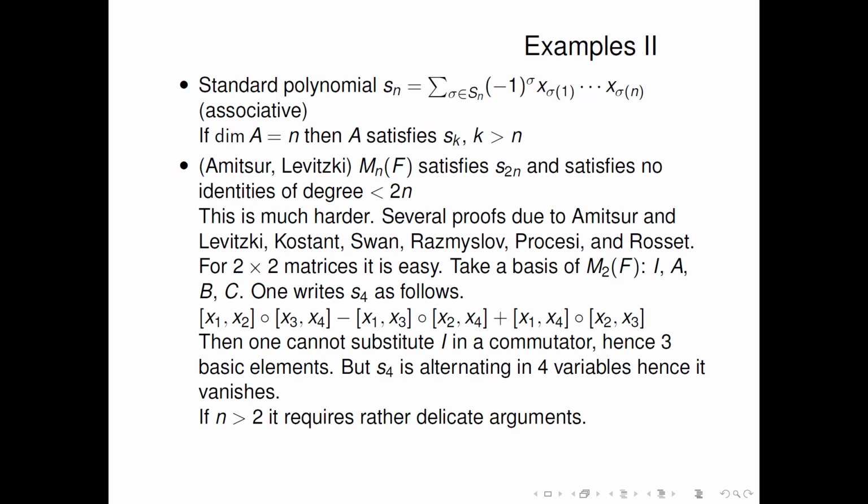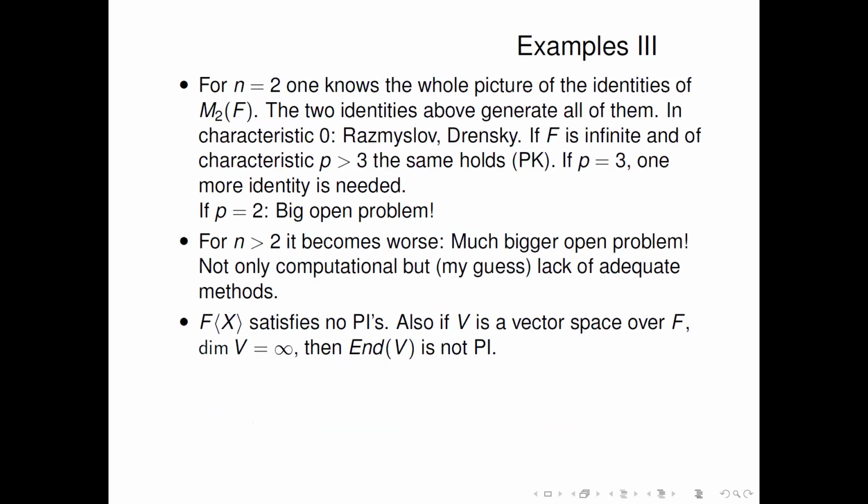Okay, when n is larger than 2, as I told you here, it is much more difficult, but it is not our goal to discuss such things. In fact, the identities of M2 of F are rather well known. All the identities.